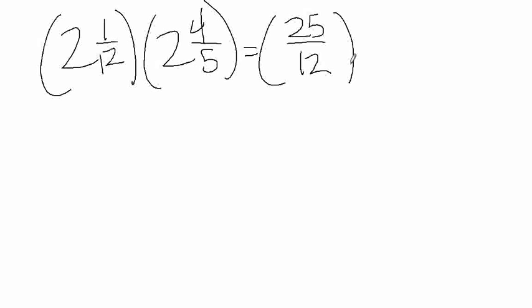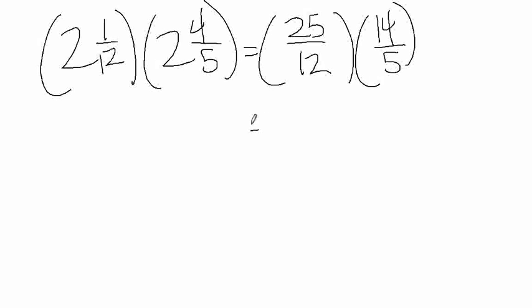Remember how we do conversions to improper fractions. The second mixed fraction I'm going to replace with 14/5. And now I can simply multiply the numerators and denominators.